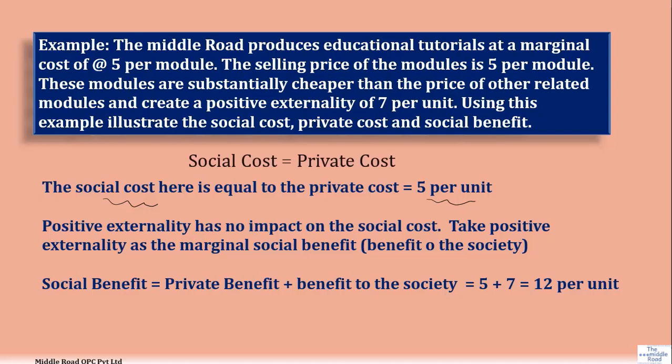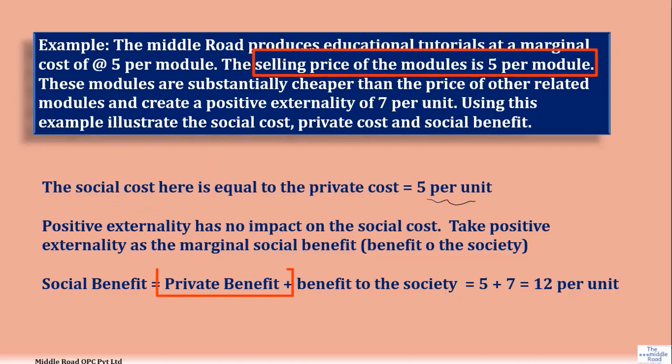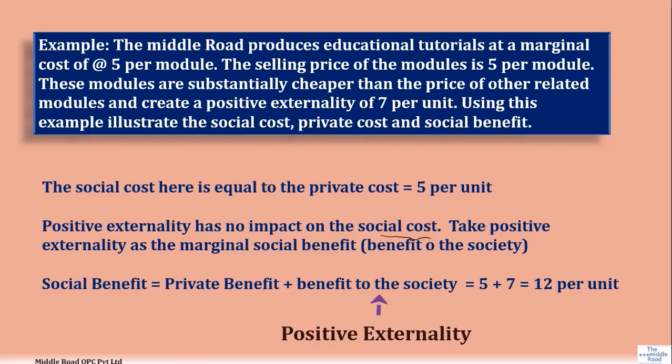The selling price of the module is 5 dollars, which is the private benefit. Social benefit is equal to private benefit plus benefit to the society. The selling price is 5 per module, plus the benefit to the society, which is the positive externality, which is 7. The total is 12 per unit.